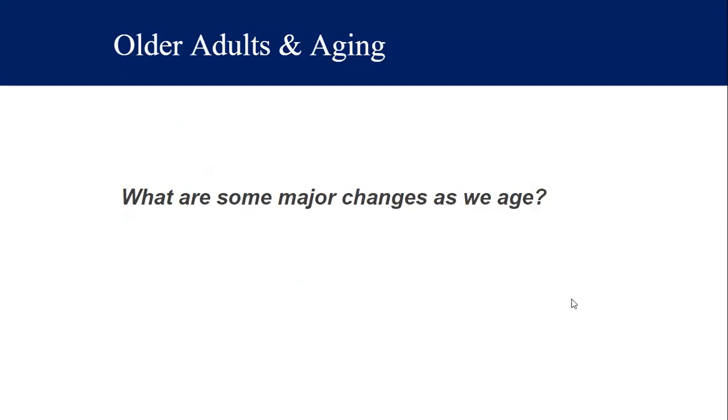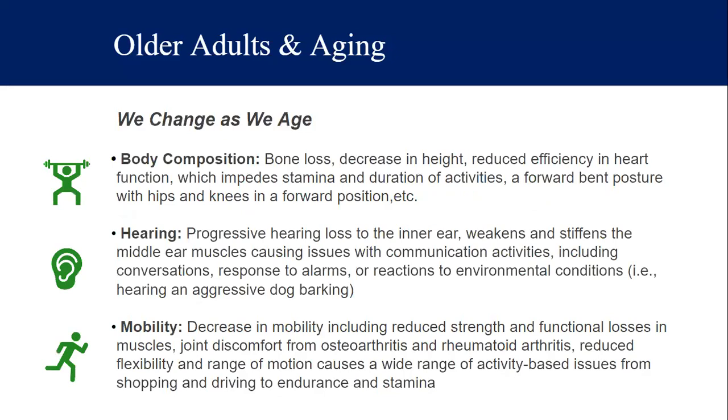So what are some of the major changes as we age? What do you think of when you think about people aging? Some of those might be body composition and maybe even decrease in height, but certainly for some people, it can impede the stamina, the level of activity, and the duration that you could do certain activities can change.